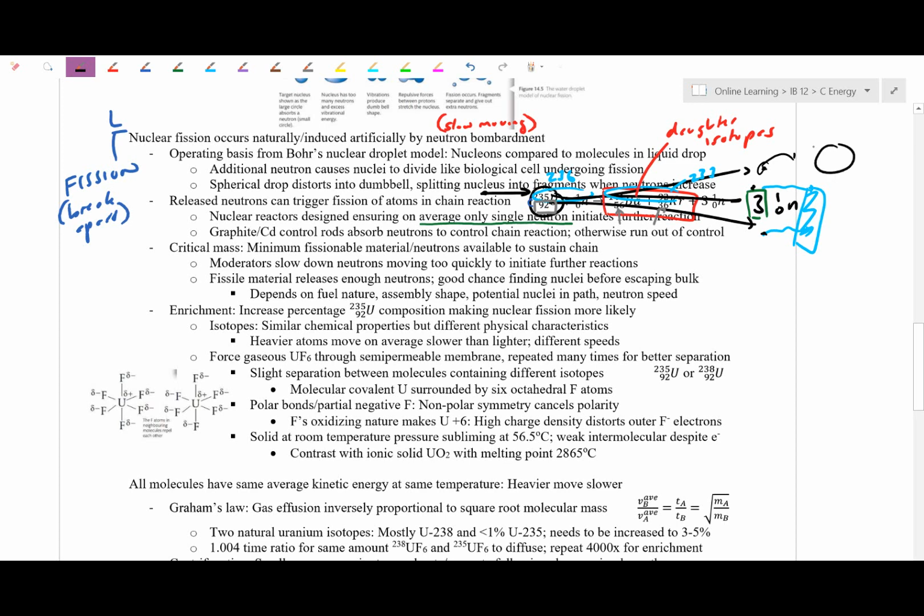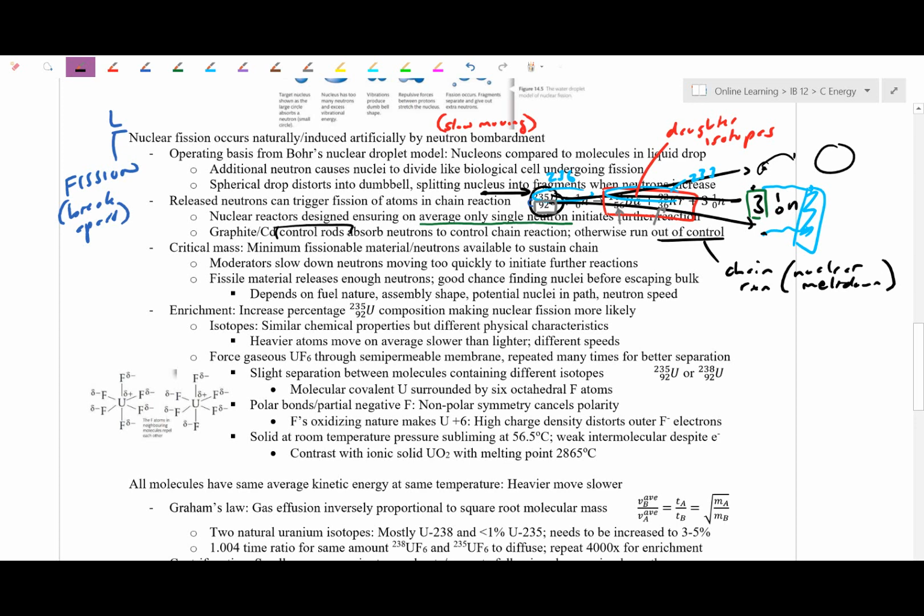So we can use graphite, so just pure carbon, or cadmium control rods. They absorb the extra neutrons so that we don't lead to, if it's out of control, not only the chain reaction that we want, it might lead to what's called nuclear meltdown, and we definitely don't want that to happen.